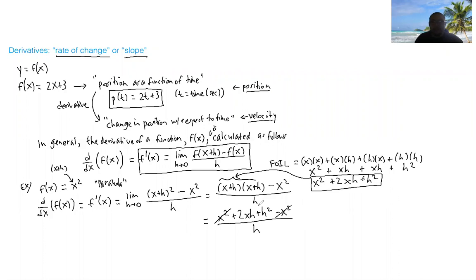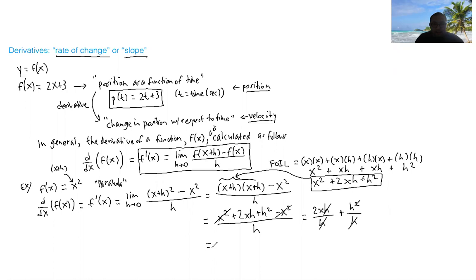Now you're just left with these terms here. And you can break these up into this first term over h plus this second term over h, because they have a common denominator. And so this is going to turn into 2xh over h, plus the second term, h squared over h, okay? And so you're going to cancel one of the h's here.